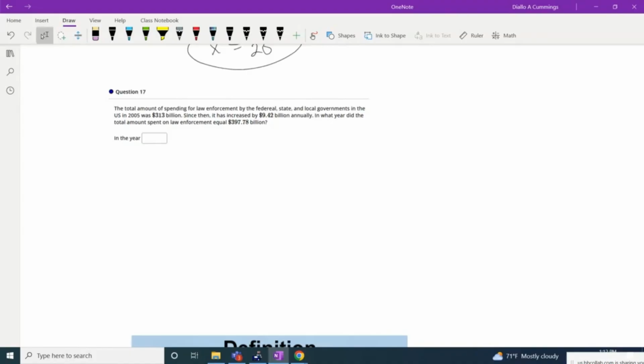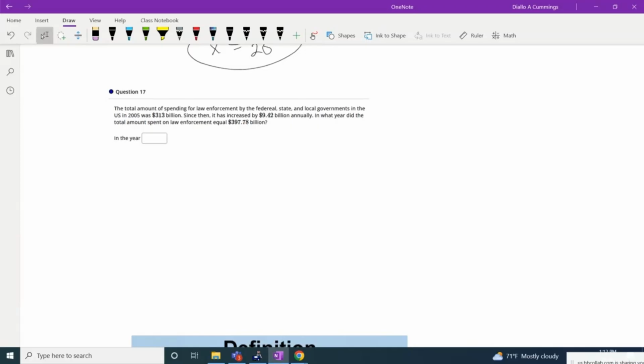Since then, it has increased by 9.42 billion annually, which means per year. In what year did the total amount spent on law enforcement equal 397.78 billion? All right, so we're going to set this up in the form of an equation.